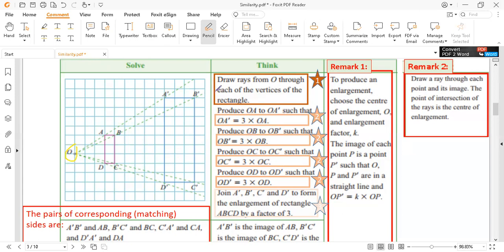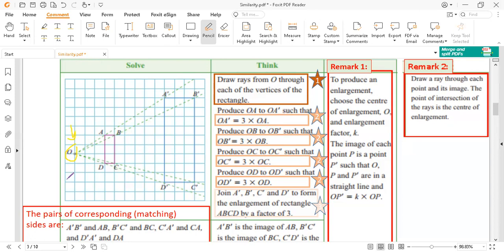In this step we want to wonder how to enlarge a given figure, how to enlarge ABCD to obtain A prime, B prime, C prime, and D prime. Normally, we should have an enlargement center.